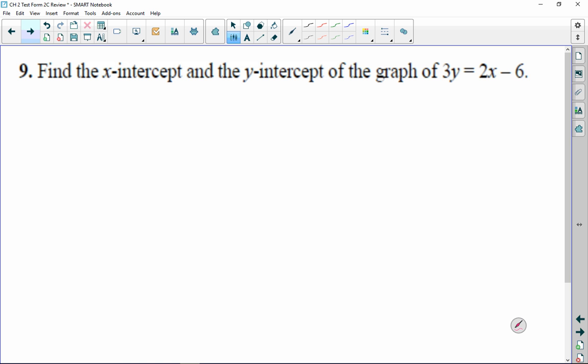Okay, good question. What do you know about x-intercepts? Something's always true. If it's an x-intercept, which means it goes through the x-axis, what's always true?